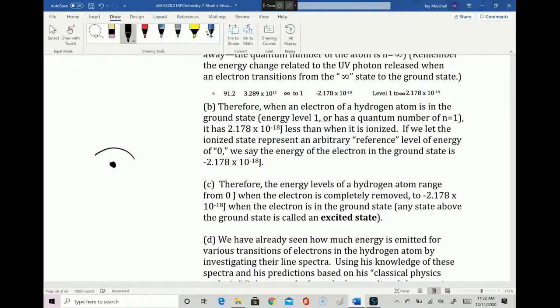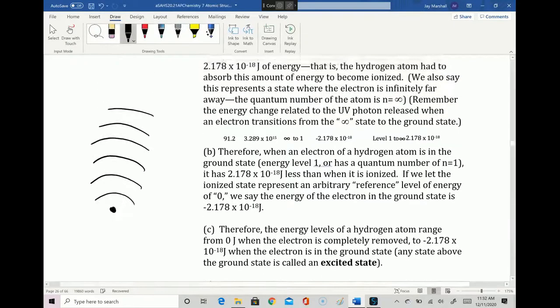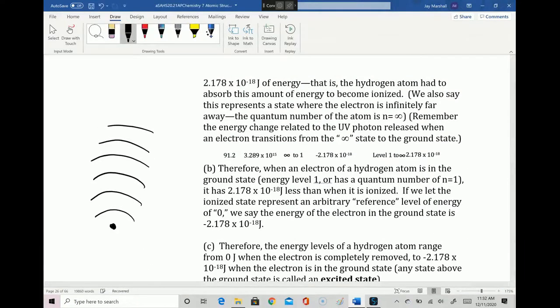Okay, so if I've got these energy levels, 1, 2, 3, 4, 5, 6, 7, and I've got my electron out here, we're going to say that at this point, the energy of that electron is 0 joules. It's just an arbitrary reference, okay? That's why all these numbers are negative.